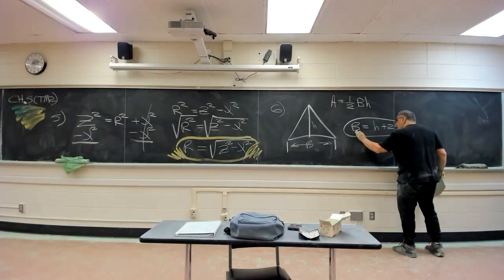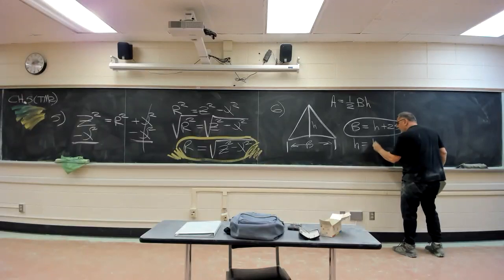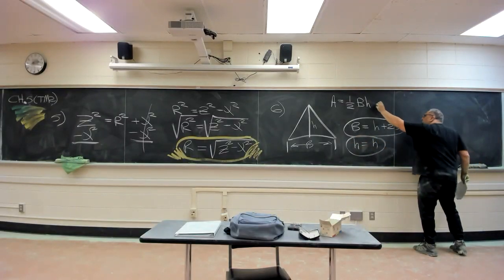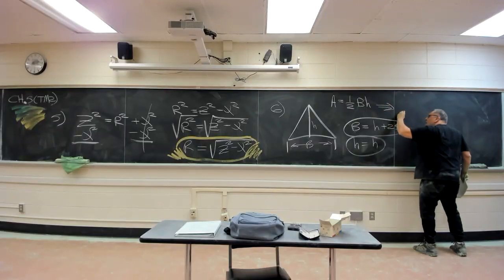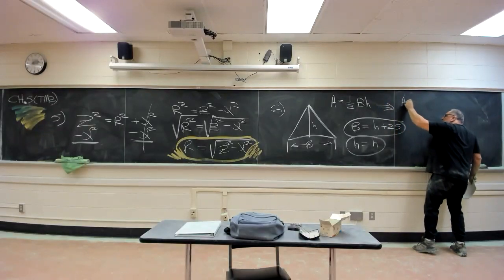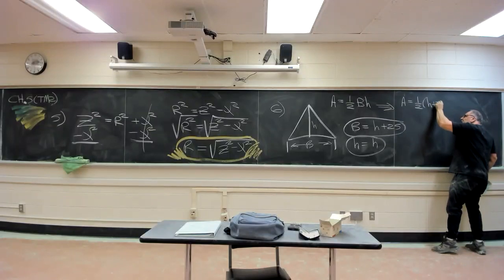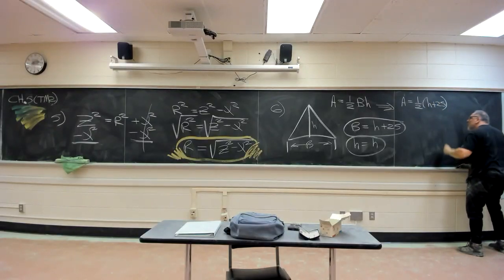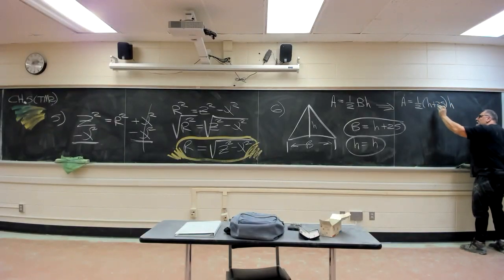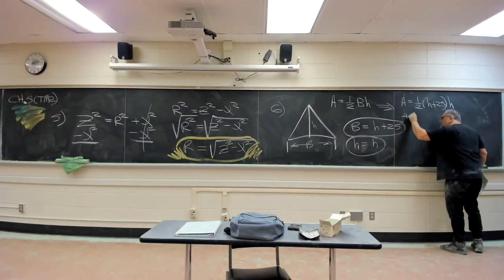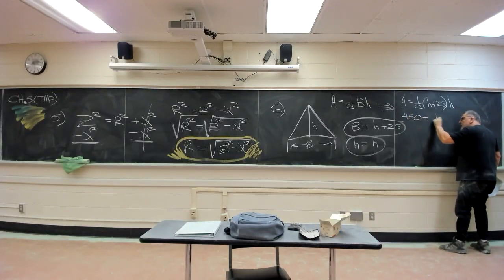So the base is 25 meters longer than the height. The height is equal to the height, obviously. And if that's the case, area equals 1/2 base, which is this, times height. They're telling us the area of the triangle is 450.